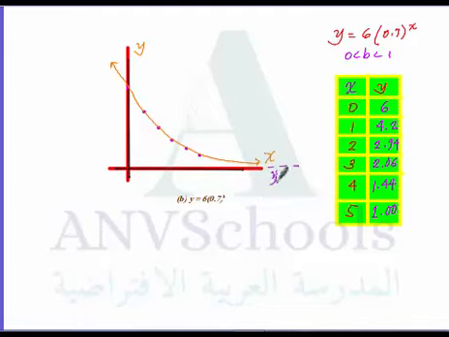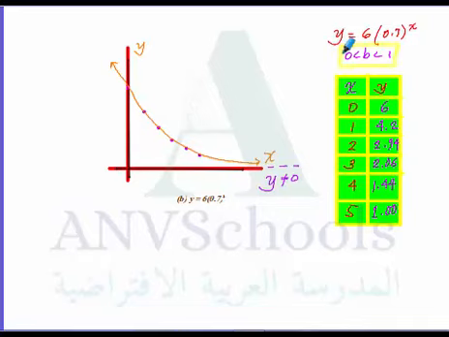So in this case, y cannot be equal to 0. Meaning this curve here will travel toward the x-axis, or y equals 0, but it will not touch your x-axis. So this is the graph when b is in between 0 and 1. So remember this.